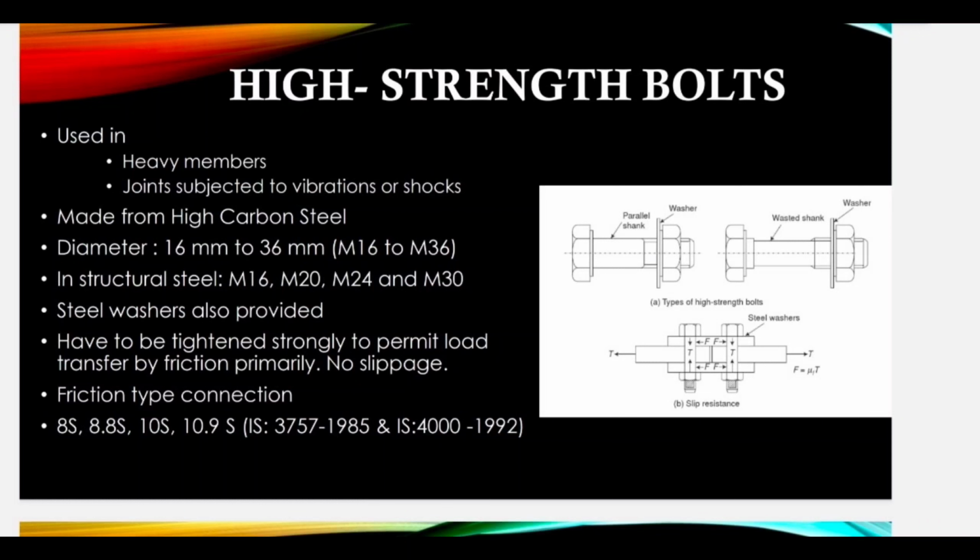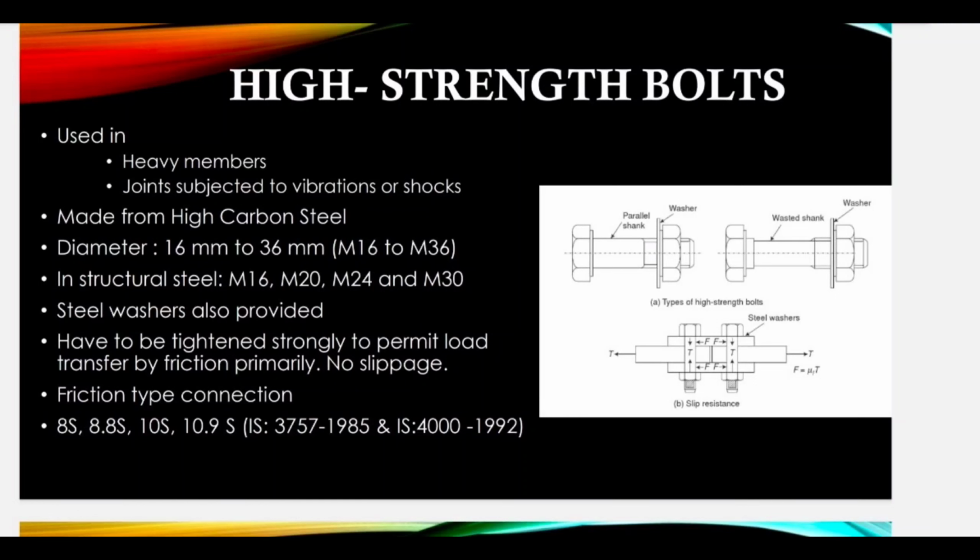The second type is high strength bolts. This type is used for heavy members and joints subjected to vibrations or shocks. These bolts are made from high carbon steel, with diameters of 16 mm to 36 mm, M16 to M36. In structural steel, M16, M20, M24 and M30 are used.